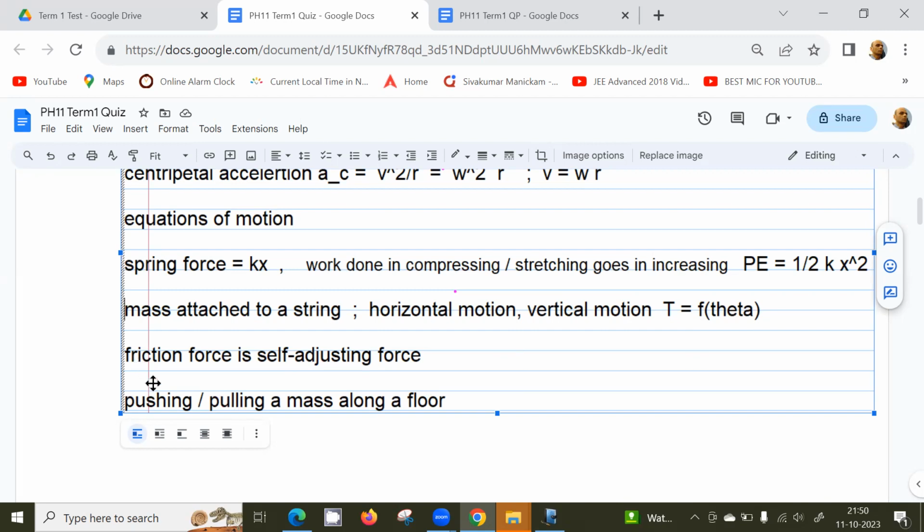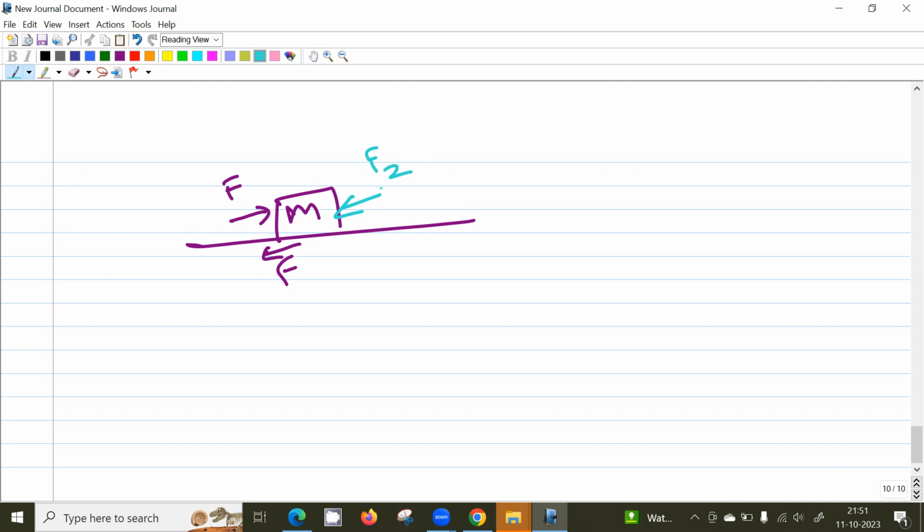Okay. So friction force is a self-adjusting force. This I told before. For example, there is a mass on this rough surface. Suppose I apply a force F1 in this direction, then the friction force will be towards left. But suppose I apply the force in the opposite direction, say F2, then the friction force in this second scenario will be towards right.